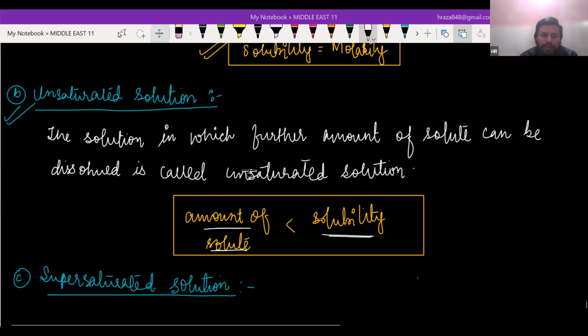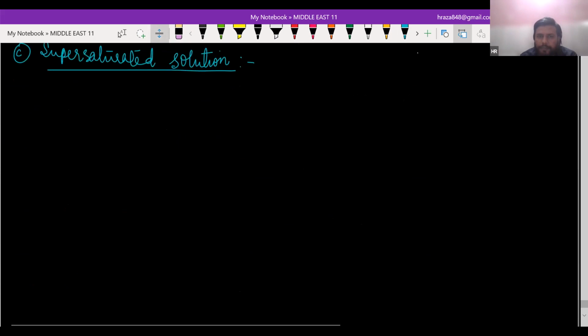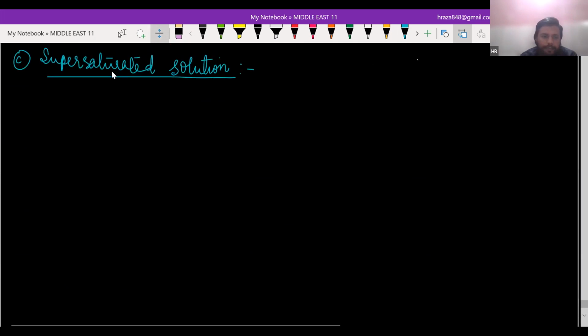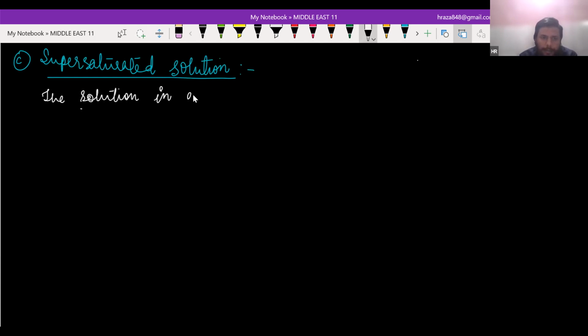Just write: supersaturated solution. Write its definition. The solution in which an extra amount of solute is precipitated.